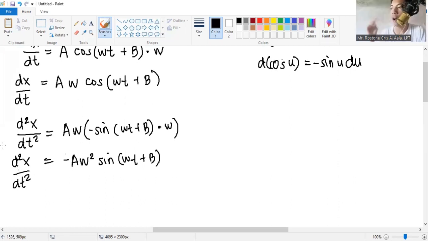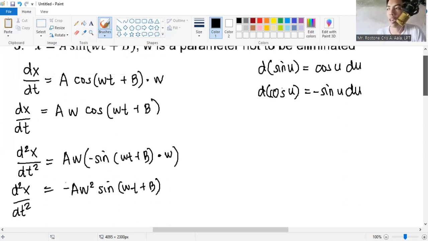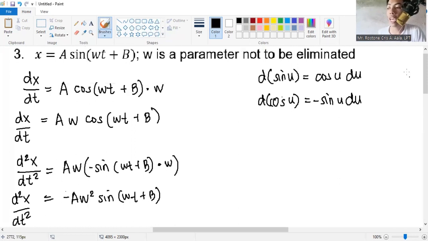So as you notice that in this given equation, we found out that we can substitute a given value for a sine wt plus b. In the given, it tells us that x is equal to a sine wt plus b.